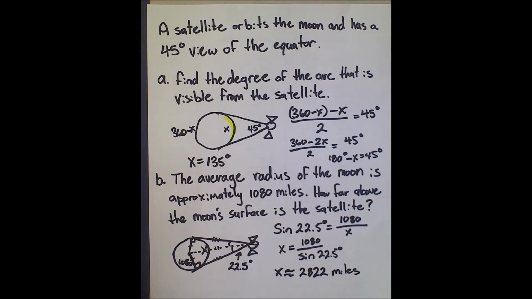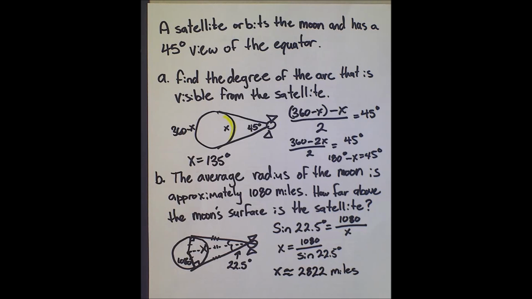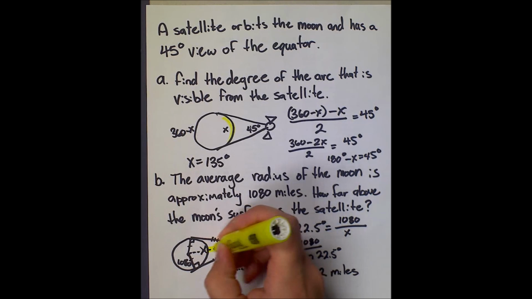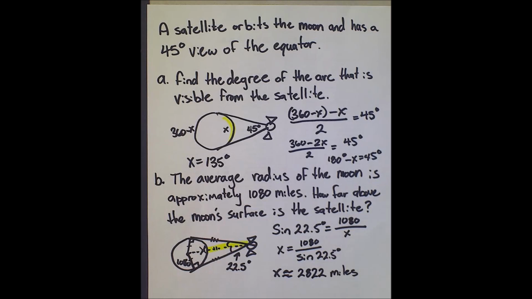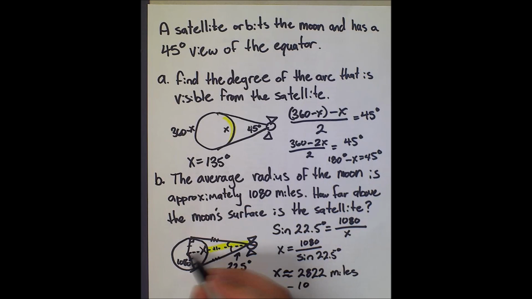But when I'm doing problems like this, I always like to go back and read the problem to make sure I've answered it. The question asks, how far above the moon's surface is the satellite? So we actually want not the entire x here, but we really just want this piece. So we know the entire length there is 2,822 miles, but if I take off the radius, which was this part, that's a radius.